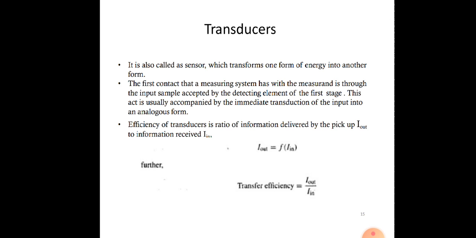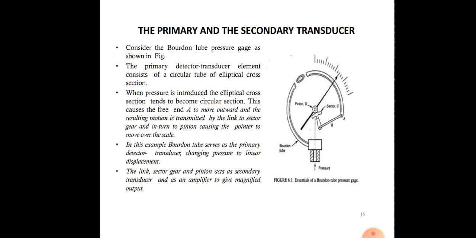Stage 3 is a readout or recording stage, where you get the output directly. Now next we'll see some of the types of transducers: what are primary and secondary transducers, and what are active and passive transducers.